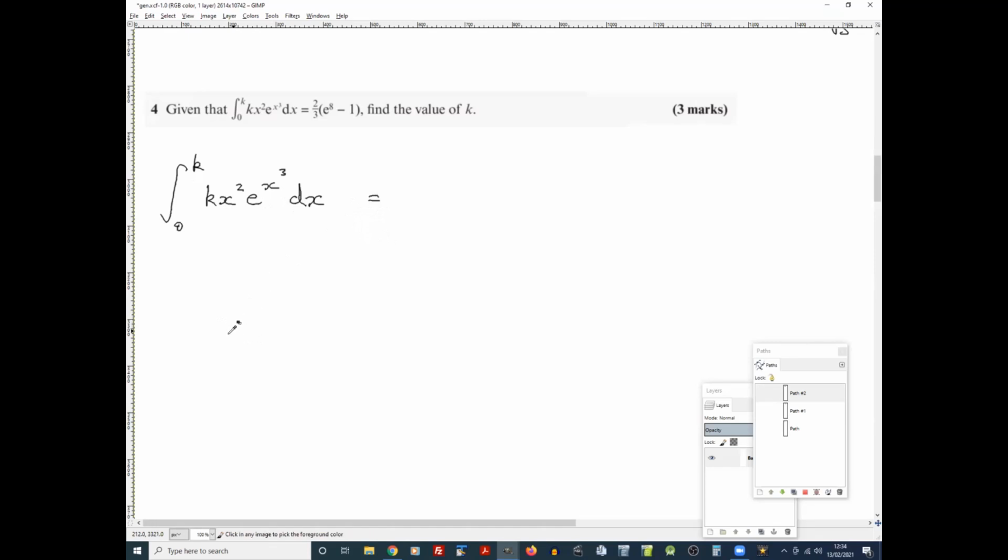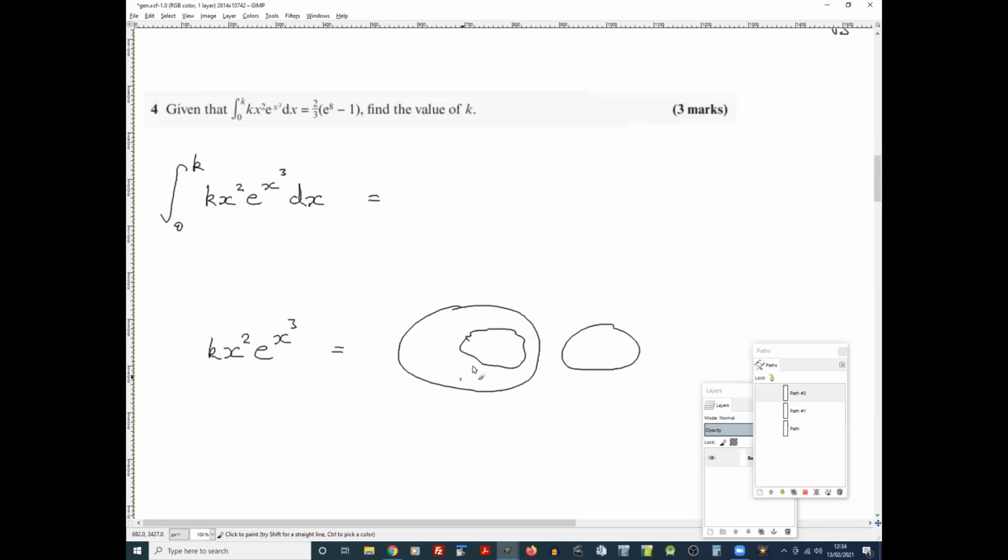So how shall we tackle it? Well, e to the x cubed is probably going to be in our function. Oh yeah, I was thinking by parts, but of course you're quite right. What's the inner function? So I think you're righter than I was, but careful.